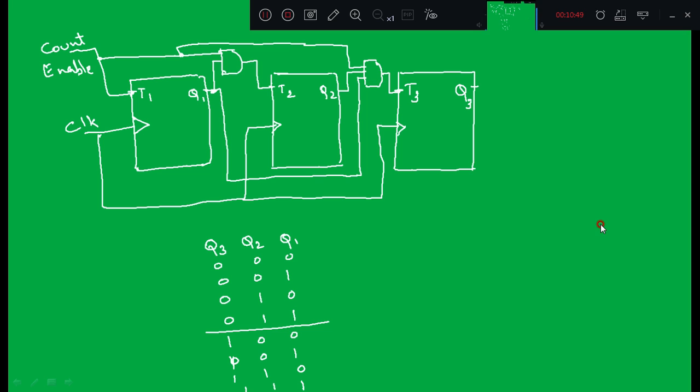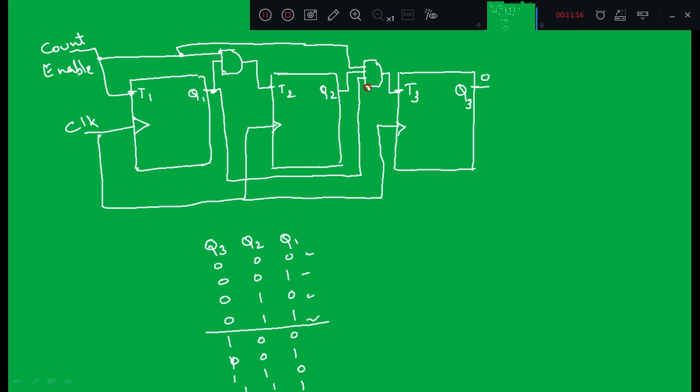Now the first 4 rows we have already seen, because Q3 is 0. Now I have to verify this Q3. For Q3 to remain 0, or in its previous state, I have to make T3 equal to 0. How can I do that? We use count enable and the outputs of both flip-flops, connected to the inputs of an AND gate.